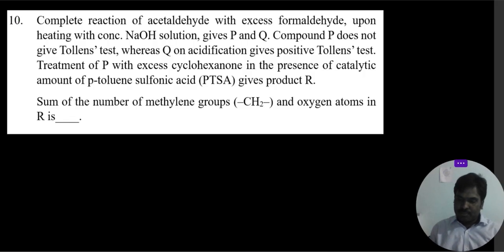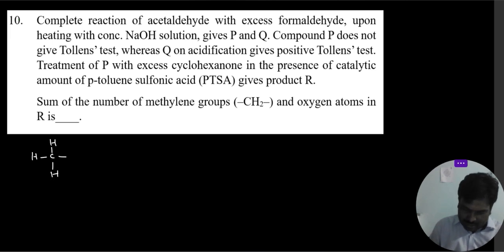So first, acetaldehyde reacts with excess formaldehyde upon heating with concentrated NaOH solution, giving P and Q. This is acetaldehyde.